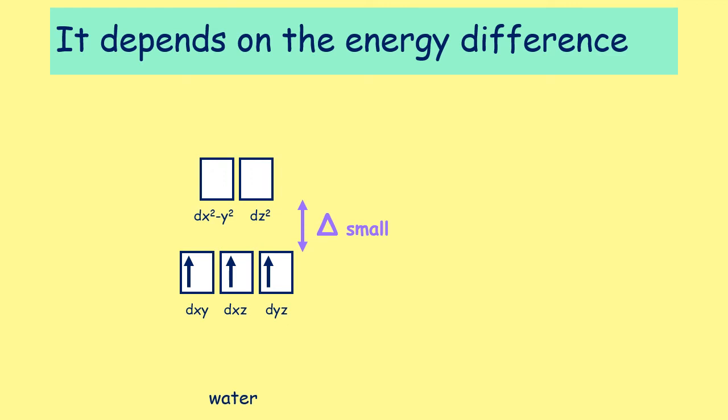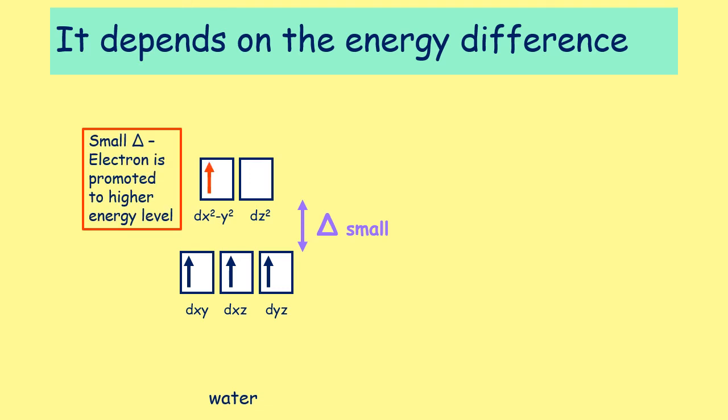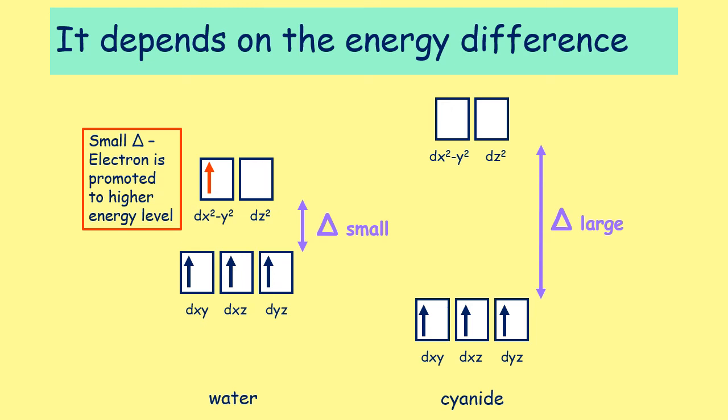the unwanted pairing of electrons is going to be comparable to the energy difference between the 2 orbitals at the top and the 3 at the bottom. So what happens is that 4th electron goes into a brand new orbital. No pairing, which kind of goes against the Aufbau principle. Now, if you've got a really large energy gap between the 3 at the bottom and the 2 at the top, the difference in energy is going to be bigger than the unwanted repulsion of putting 2 electrons in the same orbital.